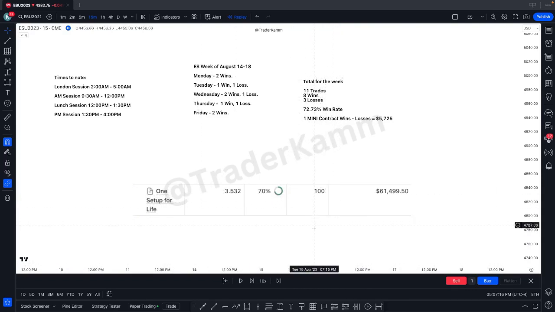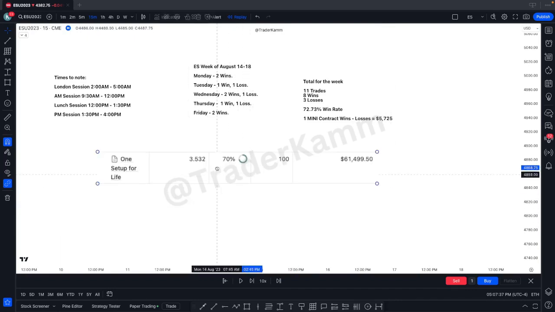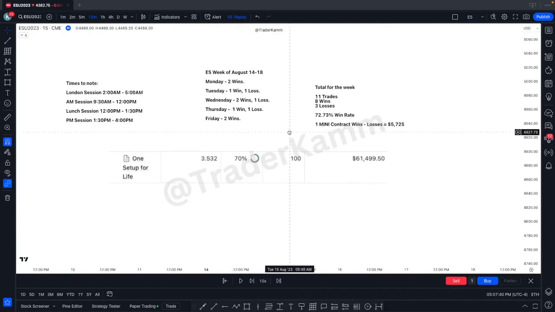So the past few months, we've had 100 trades. Out of those 100, we've won 70%. And the average risk to reward has been 3.52 or 3.53. And this is what the profit's been. So that's just the data I have on it.